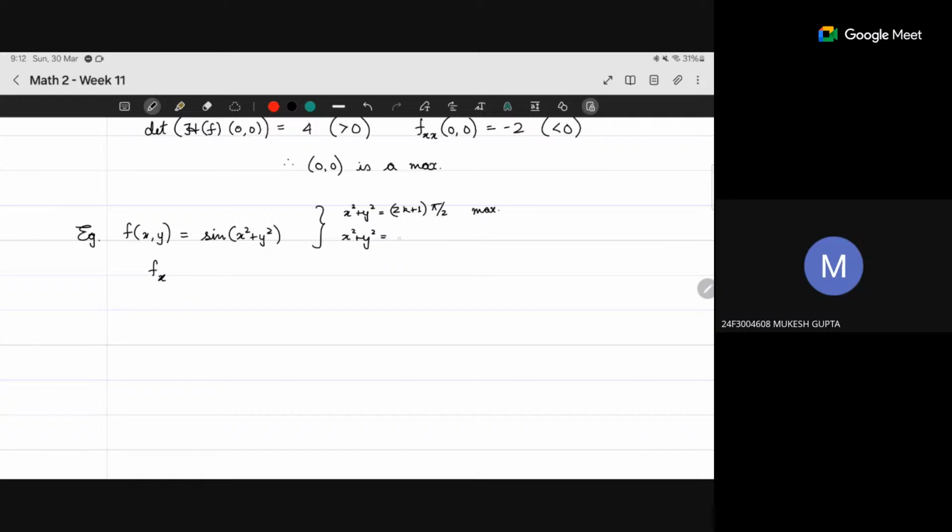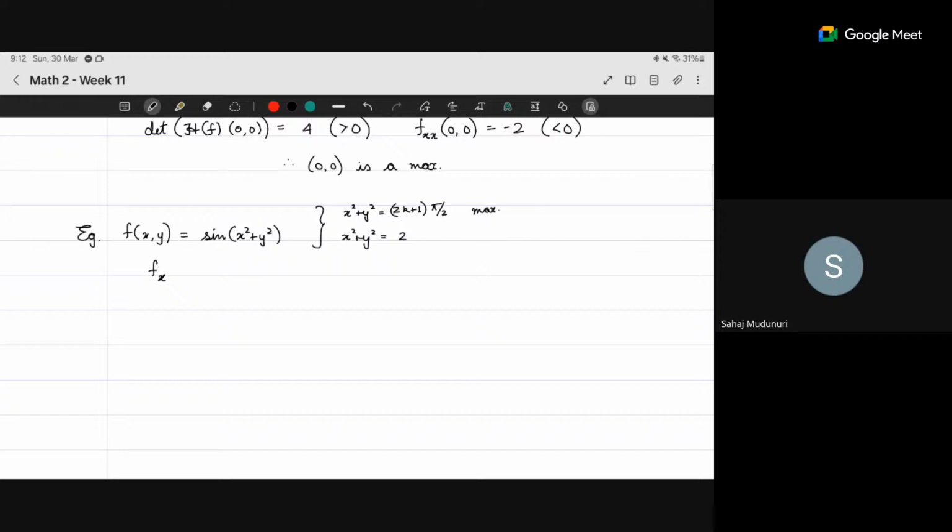And where do I expect a minimum? Minus pi by 2 with 2k plus 1?